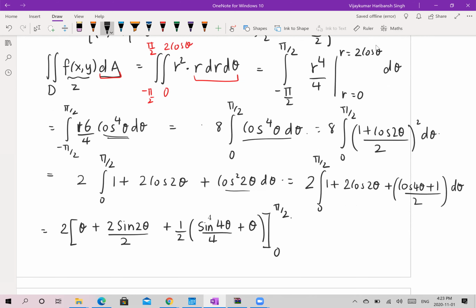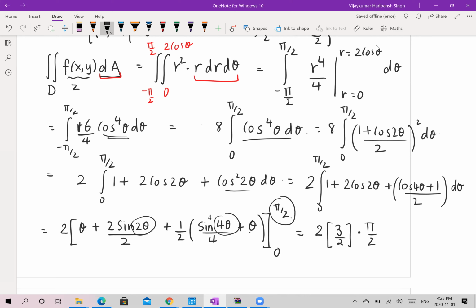Now if you put pi by 2, the sine terms will become sine pi and sine 2 pi, so they will become 0. So what is left is 2 outside, theta plus half theta, which is 3 by 2 theta, with theta equal to pi by 2.